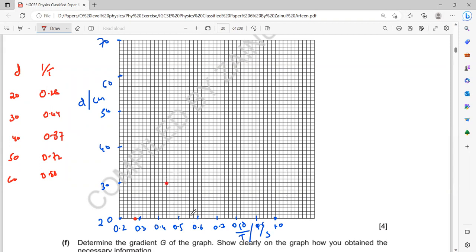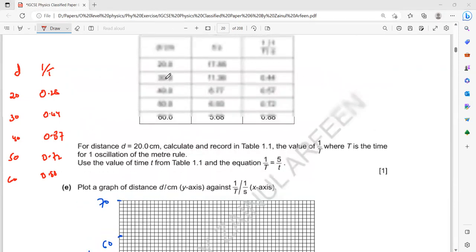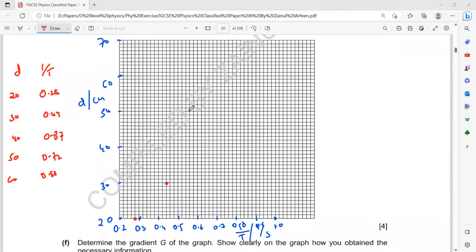Then 40 and 0.57. Just let me confirm. Yeah, 0.57 is there. So this is 0.6, this is 0.58, and this will be 0.57.